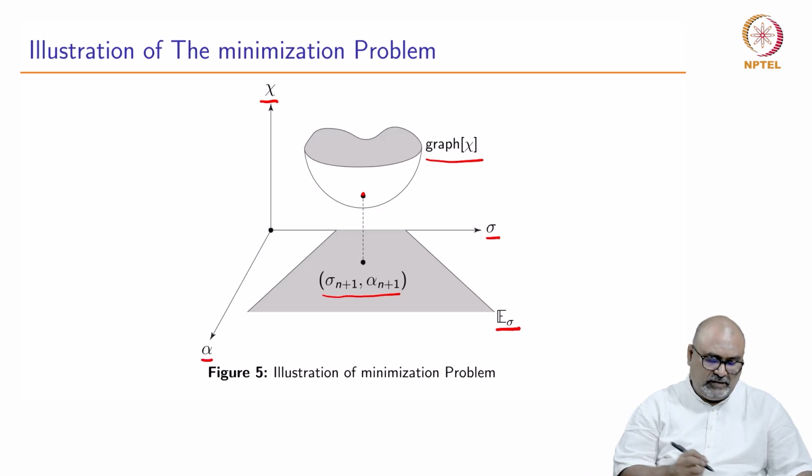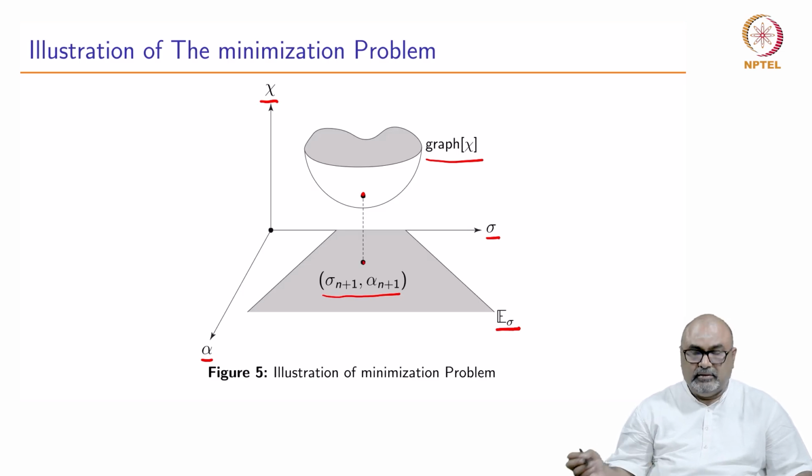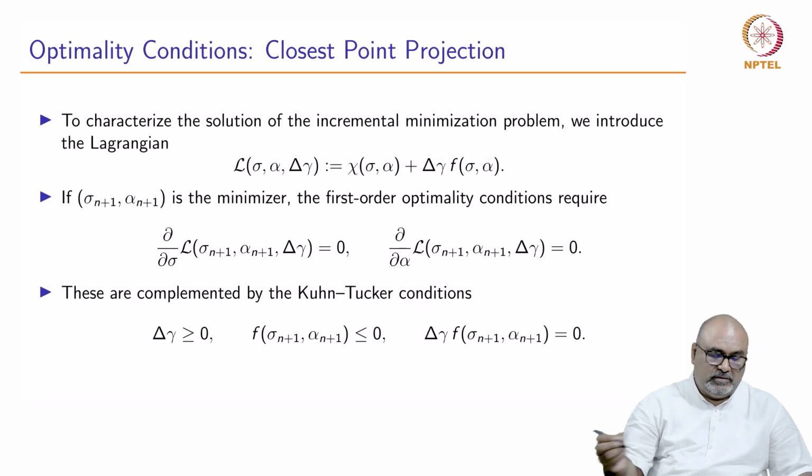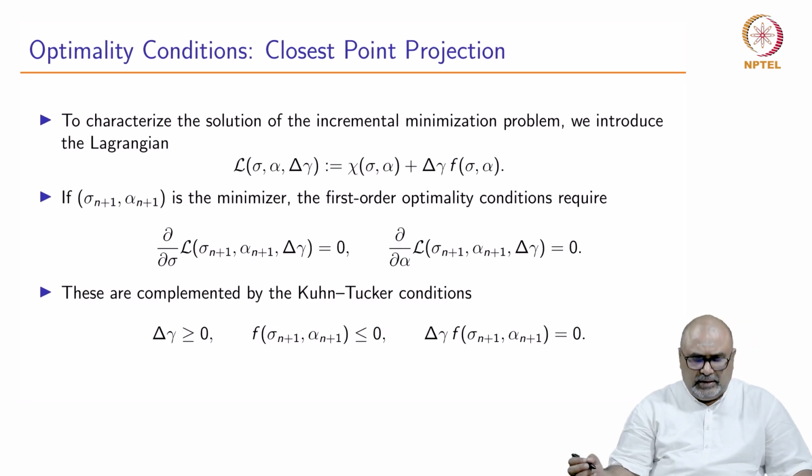Sigma is the stress state, alpha is the isotropic hardening variable, and you want to get that projection in a manner that this distance is a minimum and that point lies in the admissible stress space. So the return mapping algorithm can be looked upon as a constrained convex minimization problem. One can look at it as a closest point projection technique.